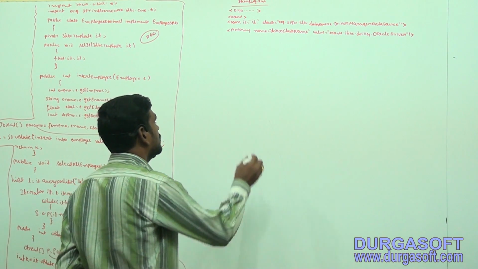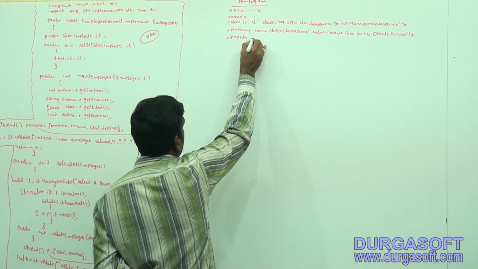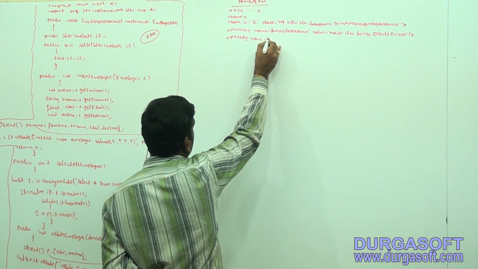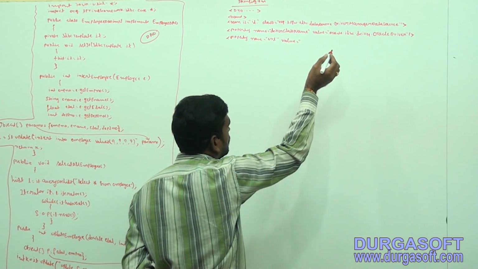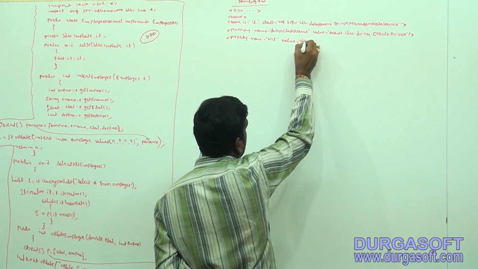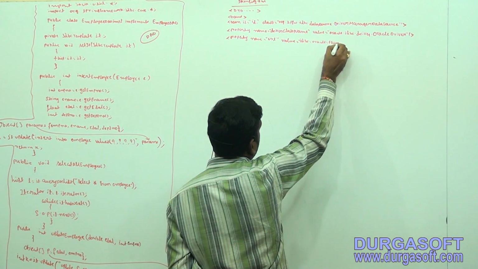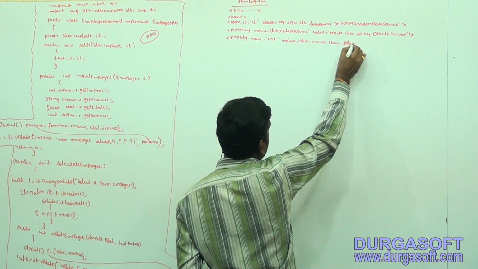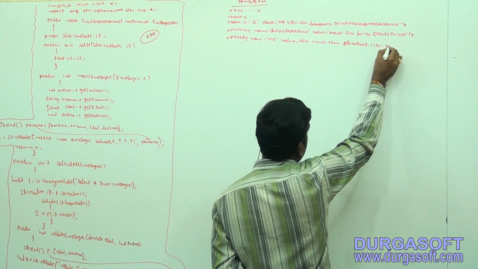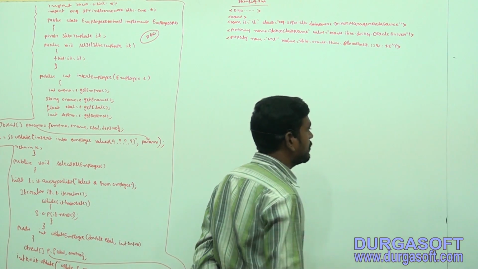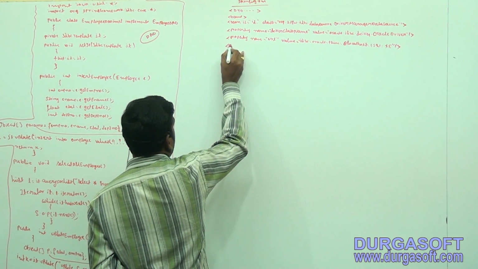The next property name is equal to url, value is equal to jdbc:oracle:thin:@localhost:1521:xe.